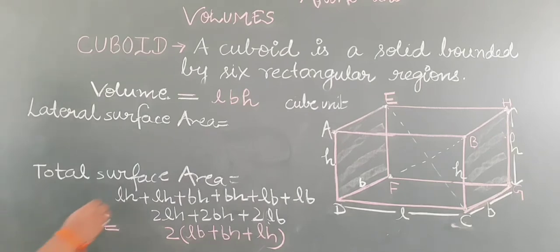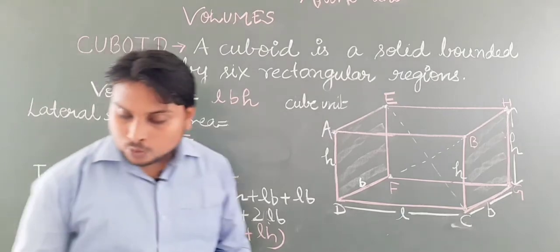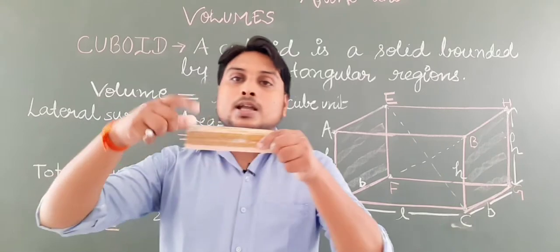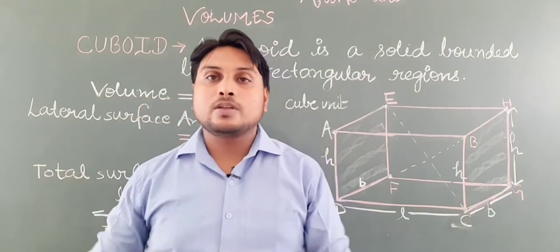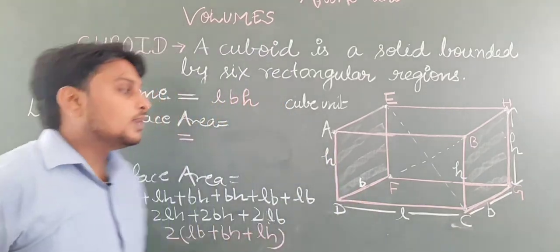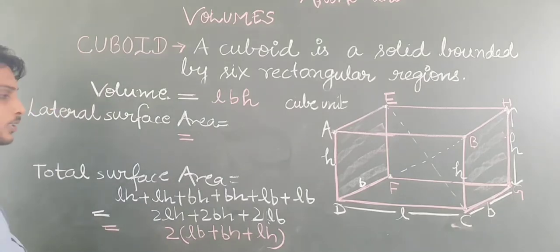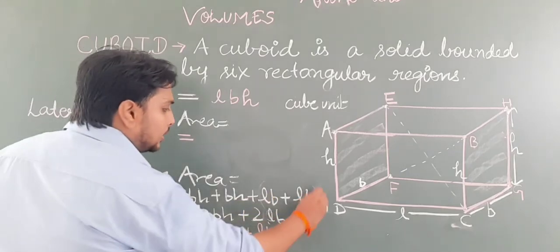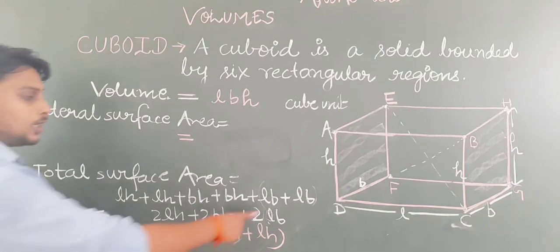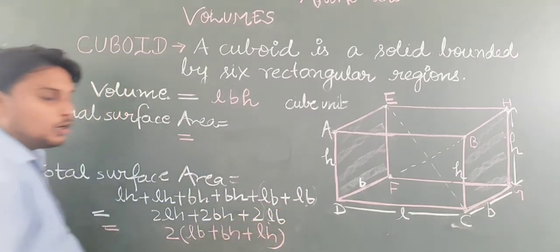Now if we talk about lateral surface area, as I have told you, in lateral surface area the area of the top and the area of the bottom will be excluded. It means this part is excluded, because this is the area of the bottom and this is the area of the top.